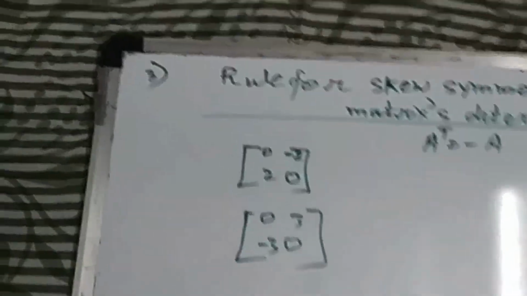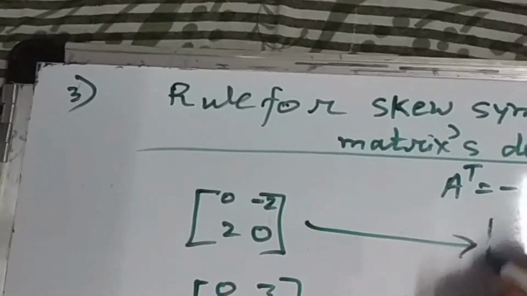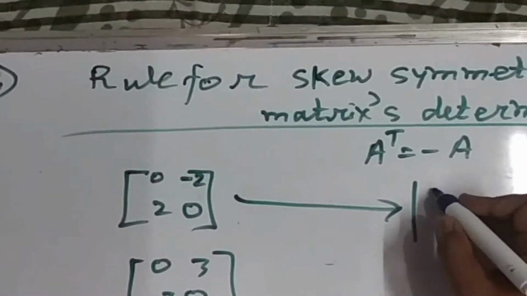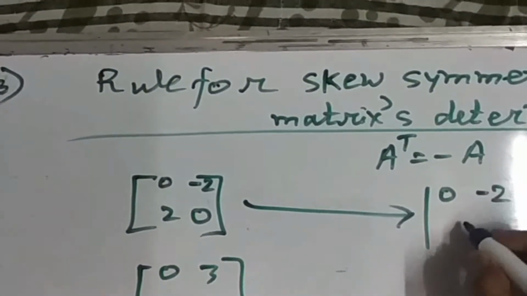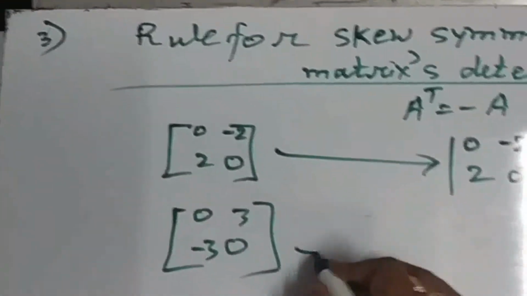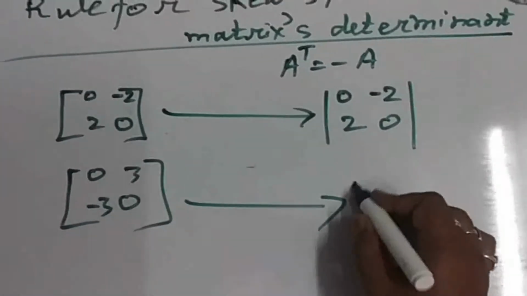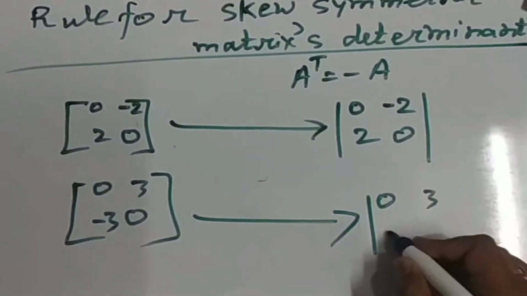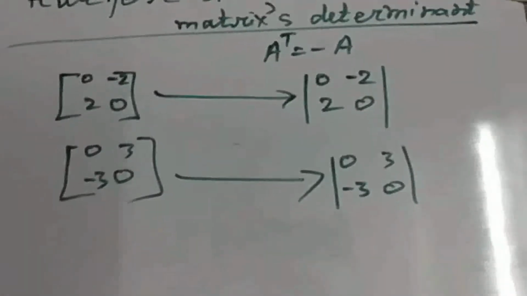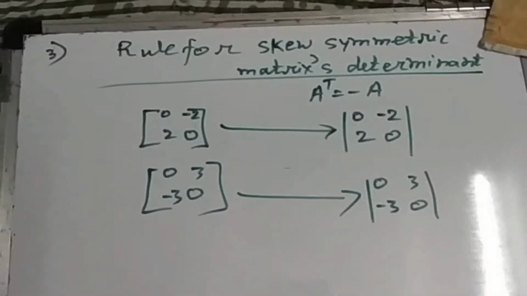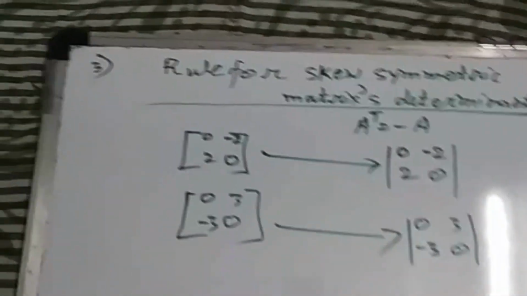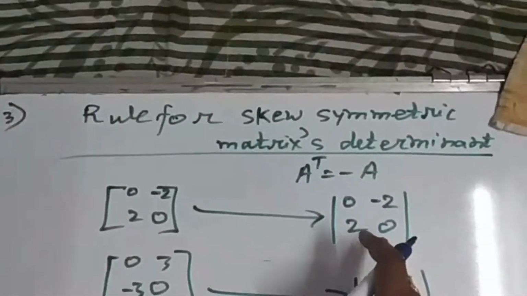Now if you want to get the determinant of this, you have to write it inside parallel lines like this. This determinant also you have to write inside parallel lines like this, inside the mod sign, like the mod sign I have used. So this is a skew symmetric matrix, this is the determinant of a skew symmetric matrix. Same thing here.